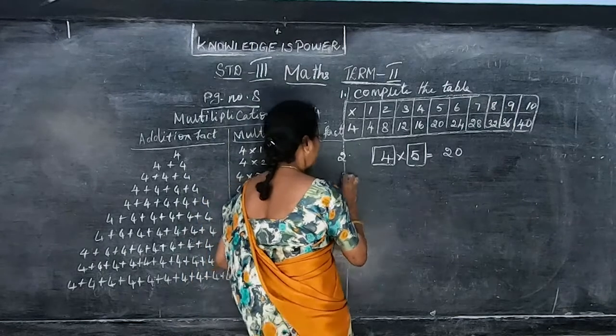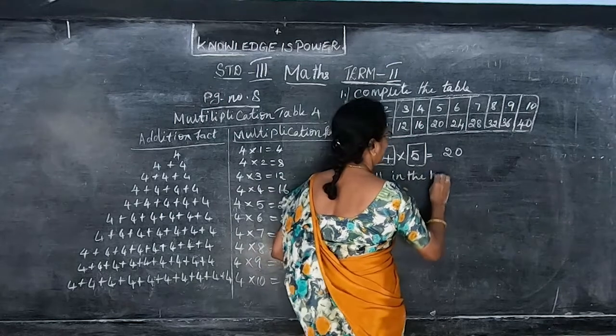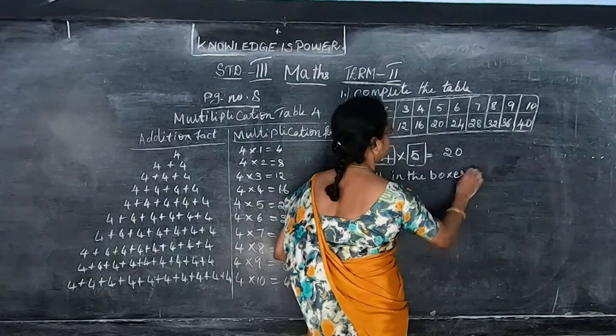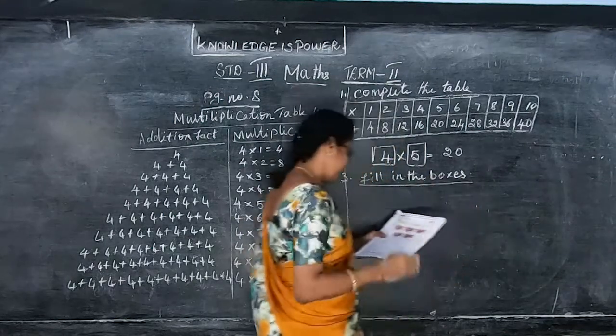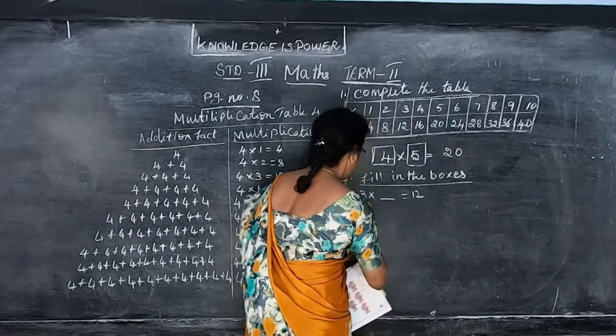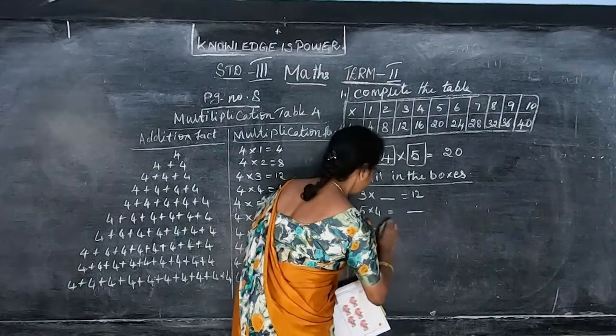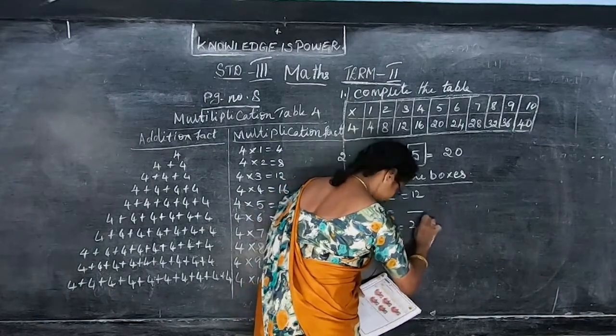Now sum number 3. Fill in the boxes. So in this fill in the boxes, they are given the number 3 into dash equal to 12. 5 into 4 is equal to dash. Then dash into 4 equal to 28.